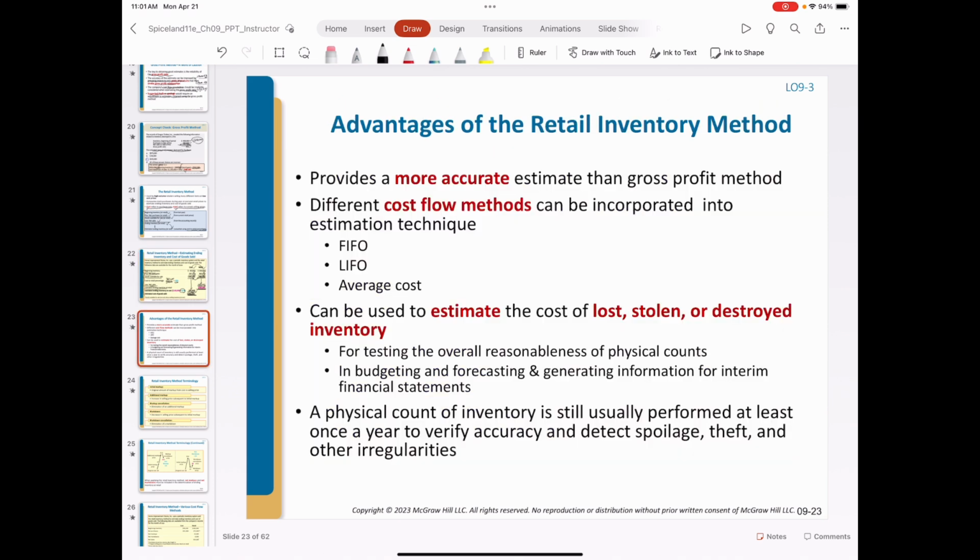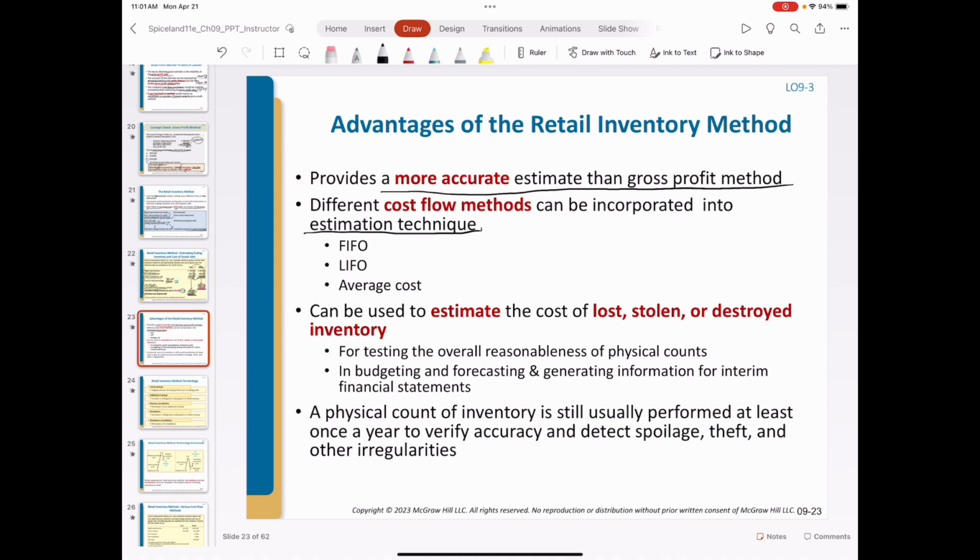Since we use both retail and cost information, these methods provide a more accurate estimate than gross profit methods because we have more up-to-date information. Different cost flow methods or assumptions can be incorporated into this estimation technique.